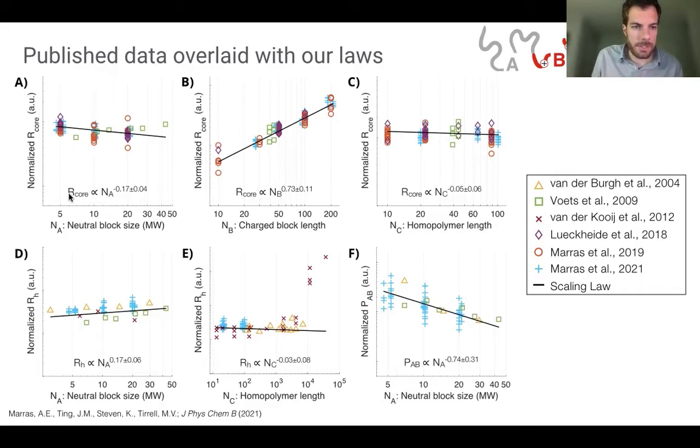So like, for instance, here, I'm looking at the A block, so I'm normalizing it for the B block, and everything collapses pretty nicely and matches with our scaling laws that I'm overlaying here in black. And so this includes synthetic polymers and biological polymers and different neutral blocks, in the case where the B block is anionic and the C block is cationic. It's really nice to see all these different situations still consistent with these scaling laws.